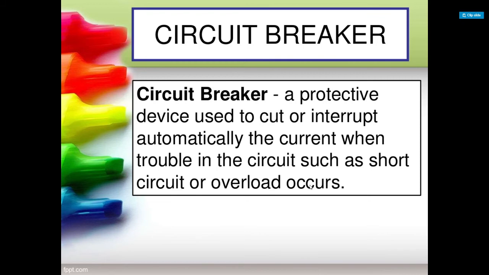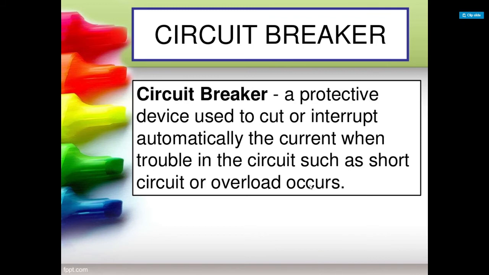Okay, in a fuse, once a short circuit or overload happens, it automatically blows and your fuse is no longer reusable. You have to buy a new one. While in a circuit breaker, it will automatically turn off itself. The circuit breaker will only turn off itself, but it will not blow itself. It will only turn off itself when a short circuit or overload happens.